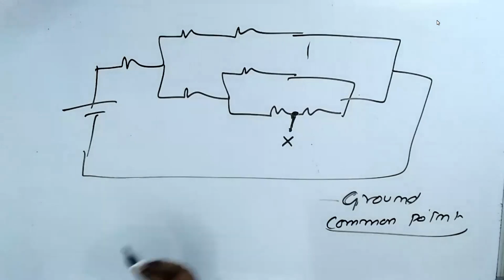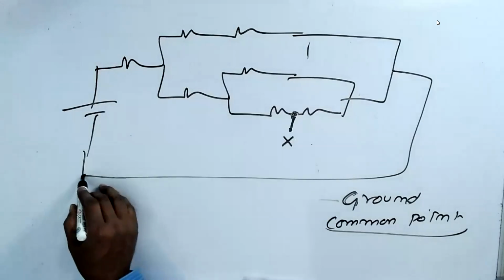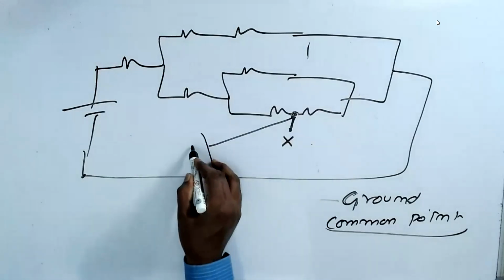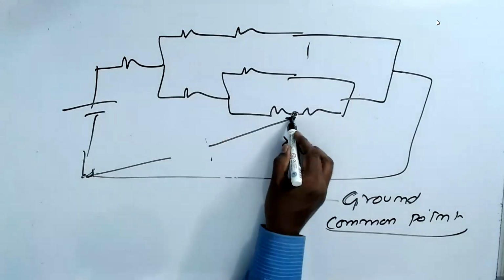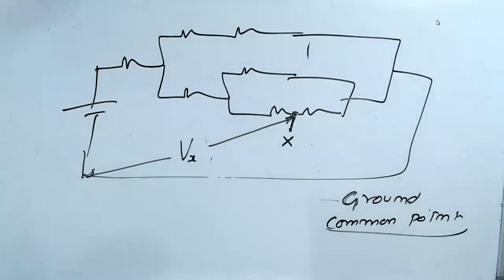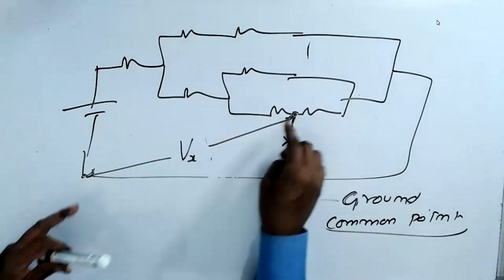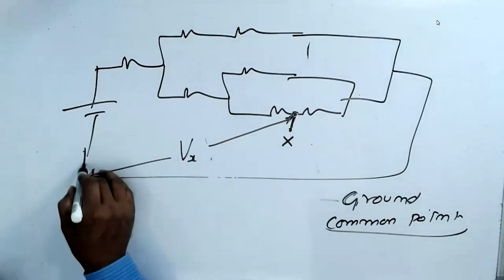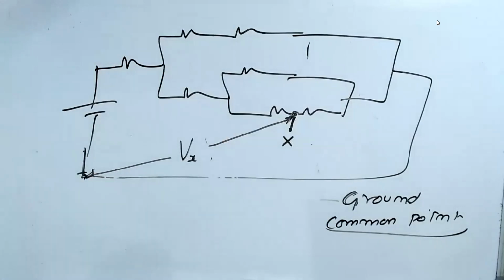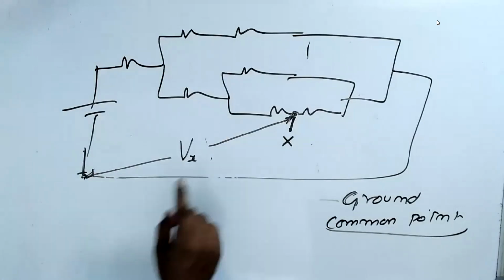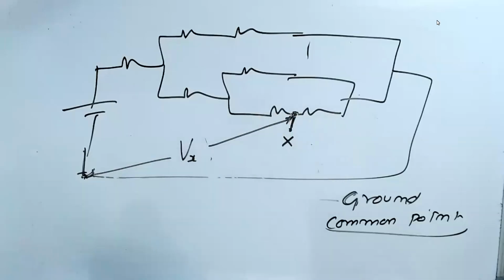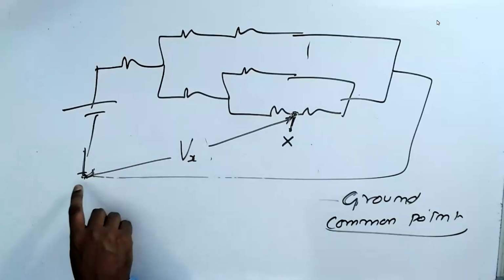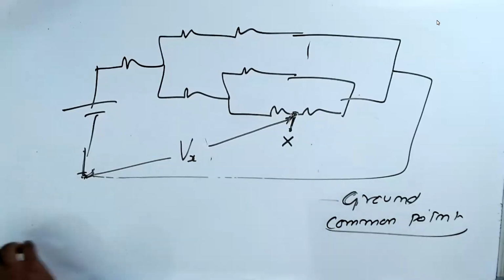That means there is 1 point, and the voltage is between this point and this point, the difference here. This is called Vx. We take the common point as this. So understand that it's not between these two resistors. When I mention a 1 point voltage, the other point is always the ground or common point.